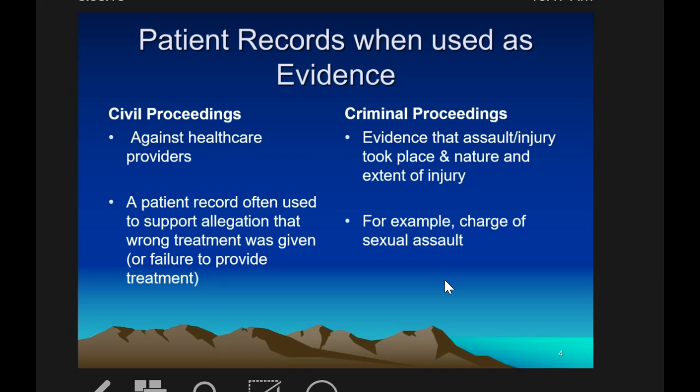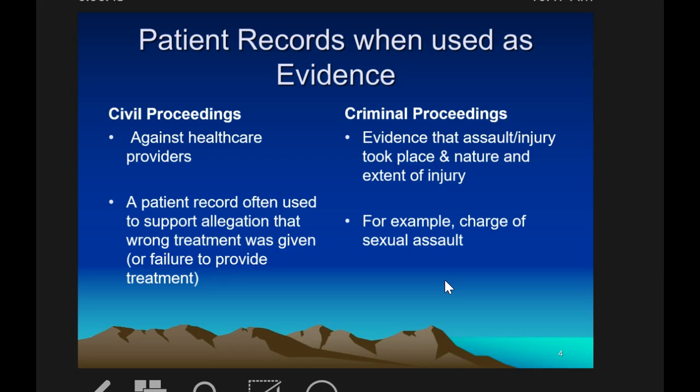Now, obviously throughout the subject you've been learning about the difference between the civil jurisdiction and the criminal jurisdiction. So, in civil proceedings against healthcare organisations or hospitals, a patient's healthcare record is often used as evidence to support, for example, an allegation that a certain treatment was wrongly given, or that there was an actual failure to give a particular treatment.